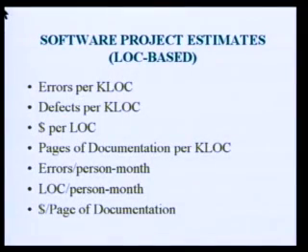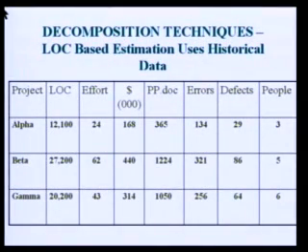So let me go to the next point. LOC per person month. So for 1 month, one person, how many lines of code has he written? I hope you understood. One person worked for 1 month, how many lines of code has he written? For example, here 12,100 lines in alpha project, and the person months are 24. So 24 people worked for 1 month and they generated 12,100 lines of code.